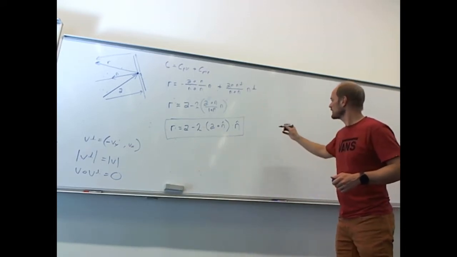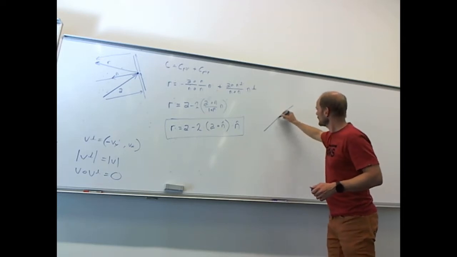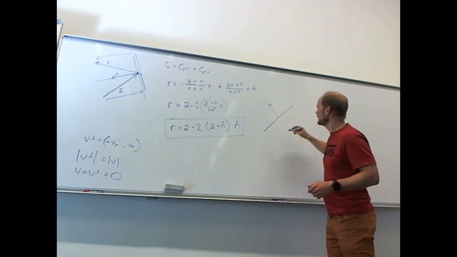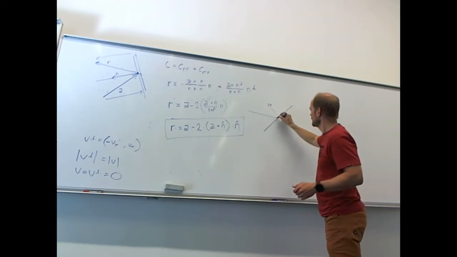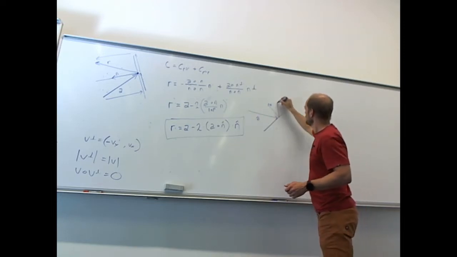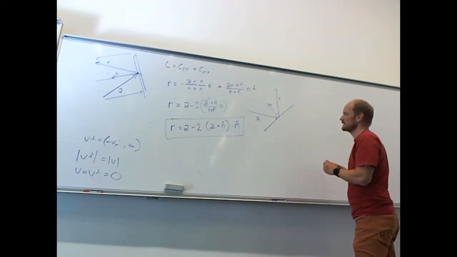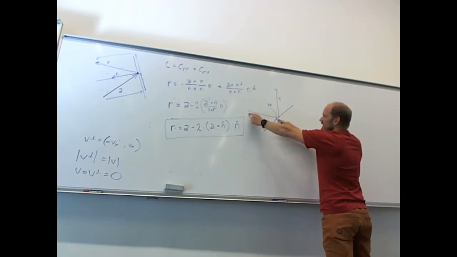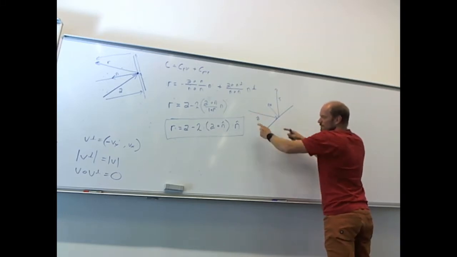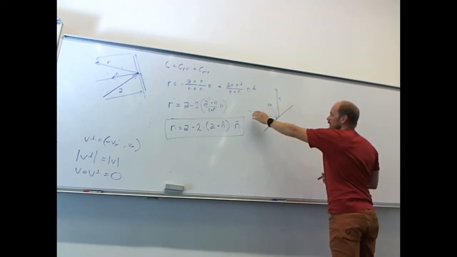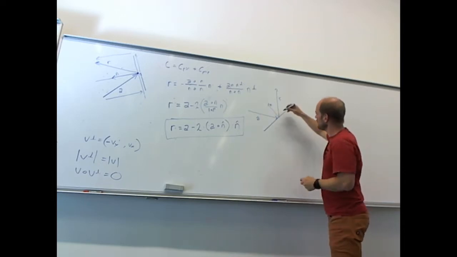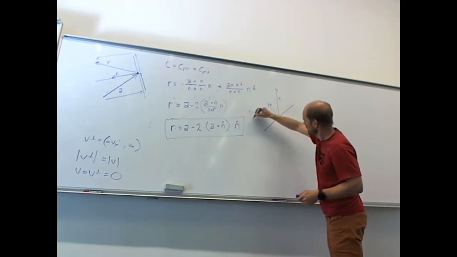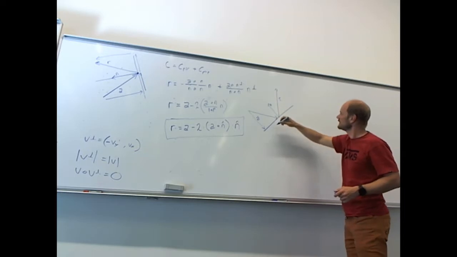And in the image, it's basically this vector is n, this vector is a, this vector is r. So I can say by taking a and basically taking the part of a that's parallel to n.